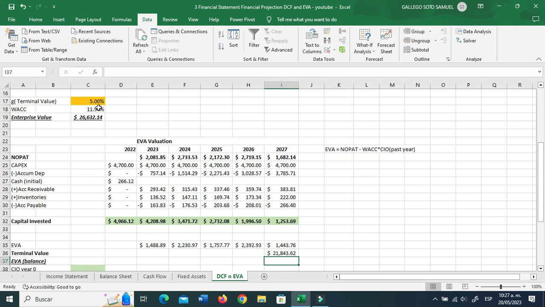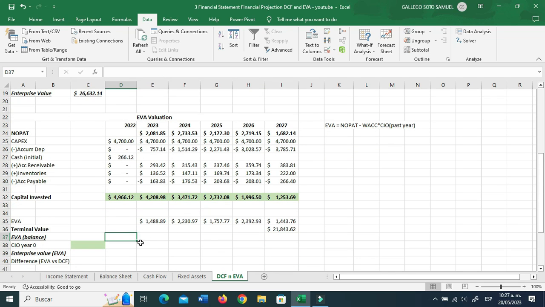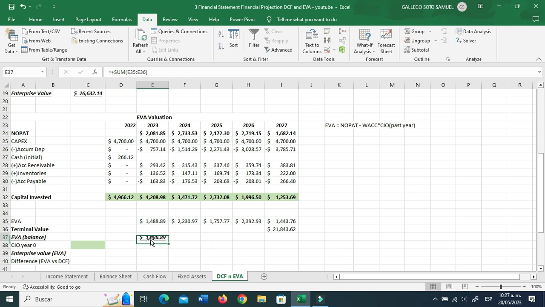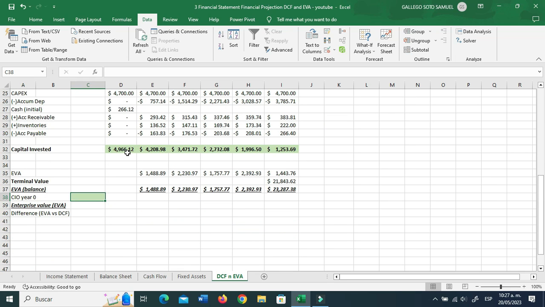In terms of the growth rate too, divided by, and then open this up, WACC minus G. I hope it does work, because I think I'm missing some parentheses over here, but I think it's going to work. Let's hope it does. Now let's go ahead and add this.